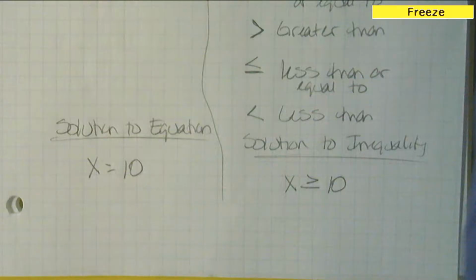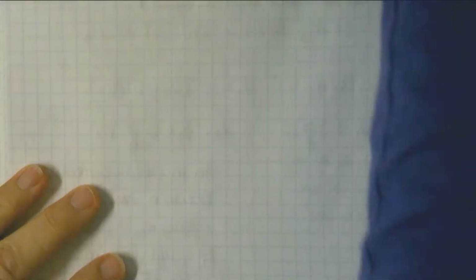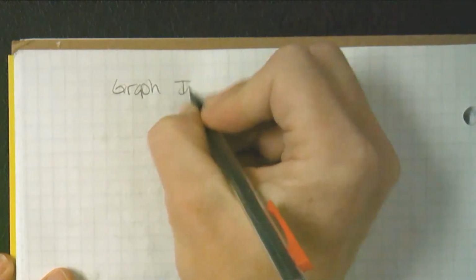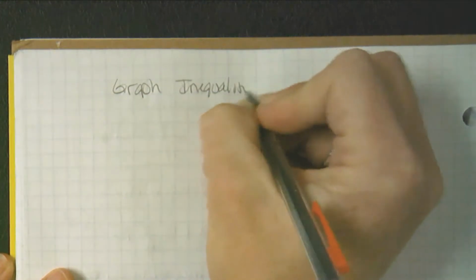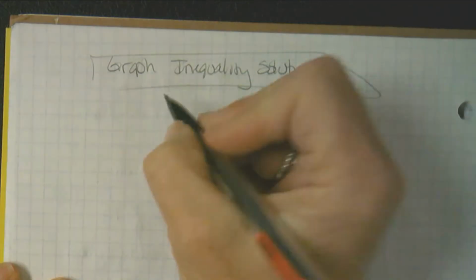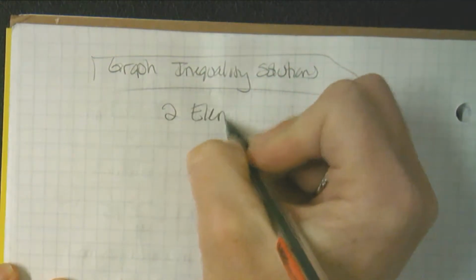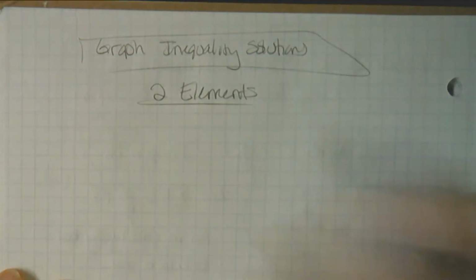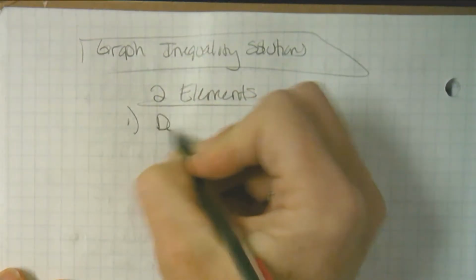All right, so let's graph inequality solutions. We have two elements that we are graphing. The first one is the dot.